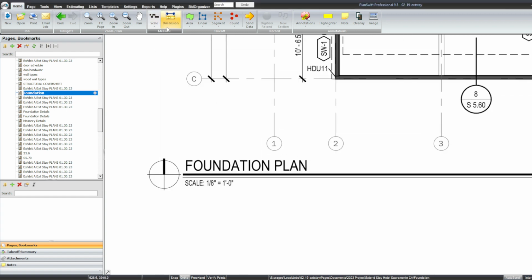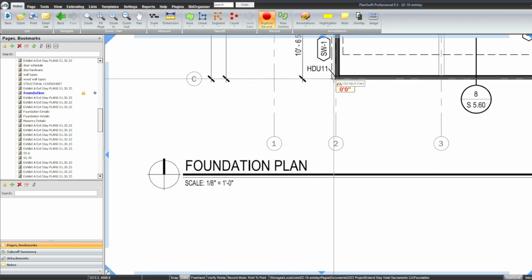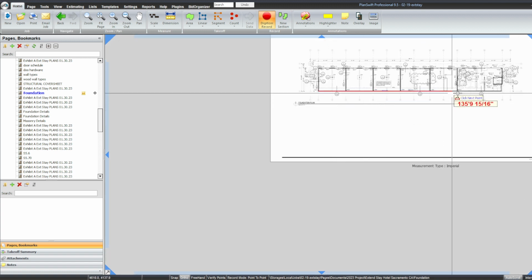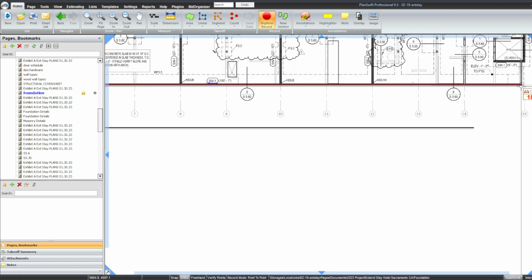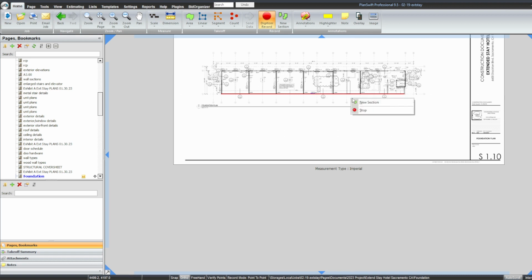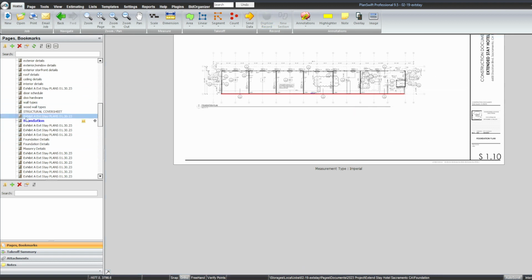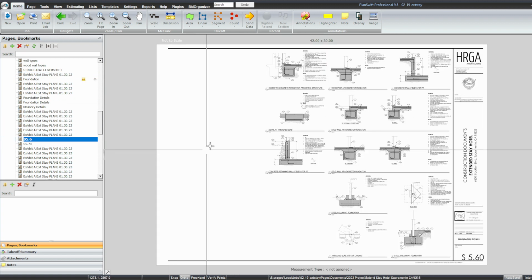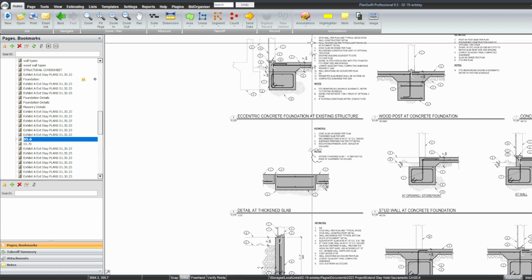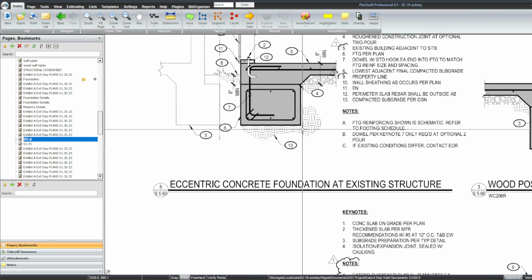Let's figure out how many linear feet of that we have. 186. So we have 186 linear feet of this.